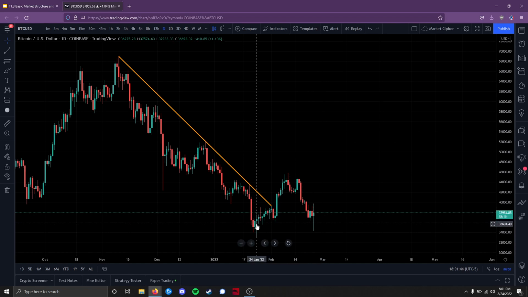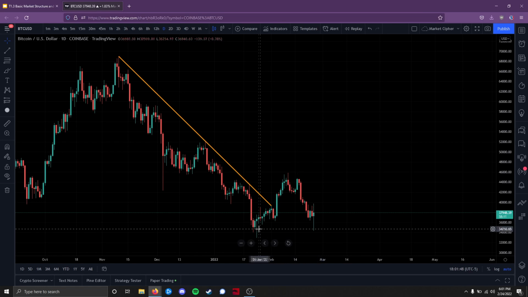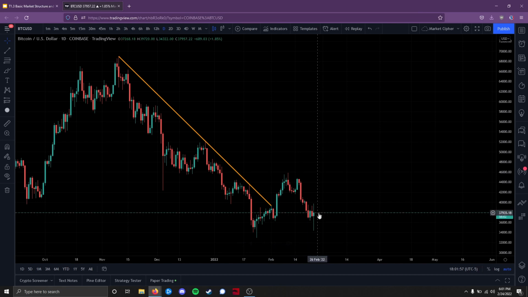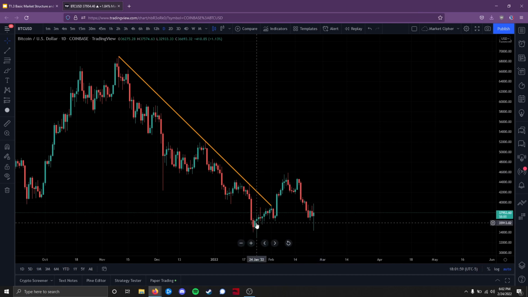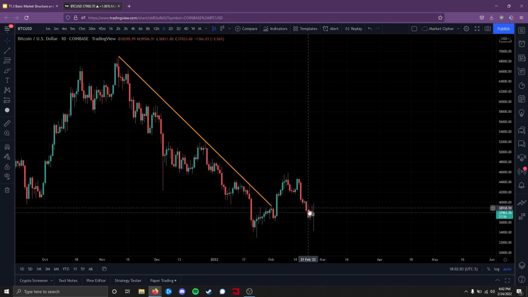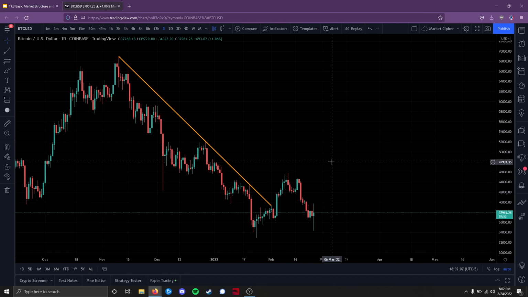So we're seeing about maybe a $1,500 to $2,000 difference. I can't do the math that quickly right now, but this has produced a higher low compared to this one. So we have to wait for confirmation to see if this truly is a higher low and where we go from here.